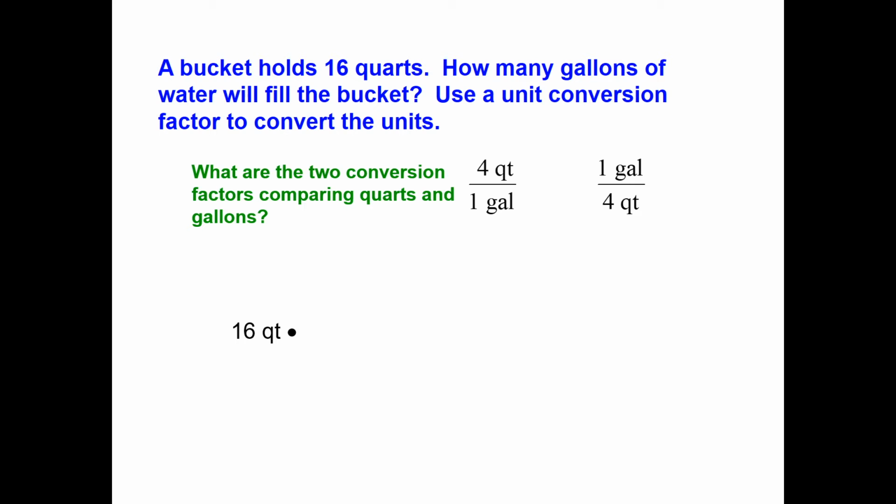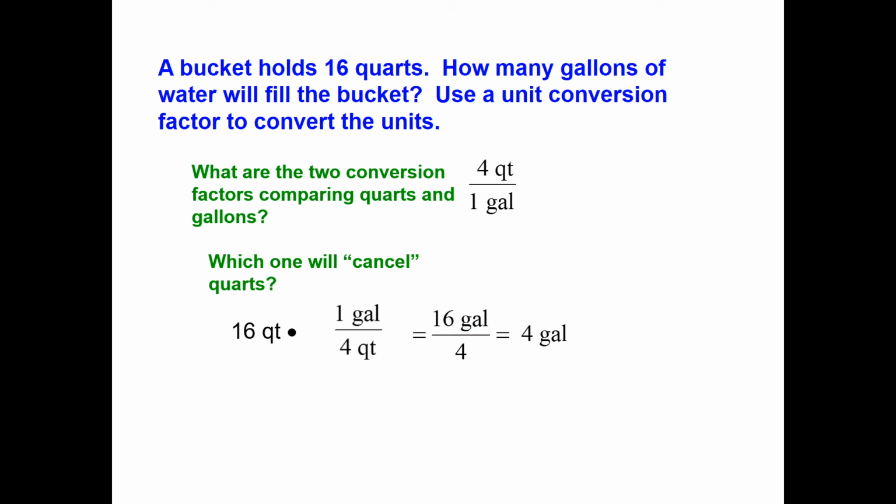We want the one that will cancel out, so we want quarts in the denominator. Multiplying those together, quarts will disappear and we only have gallons. So 16 times 1 gallon is 16 gallons, and because the quarts cancel out, you have a 4 in the denominator and 4 gallons on top.